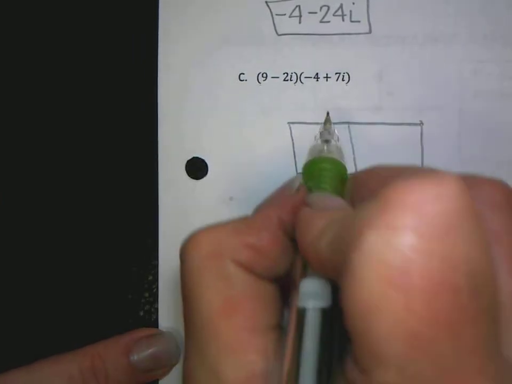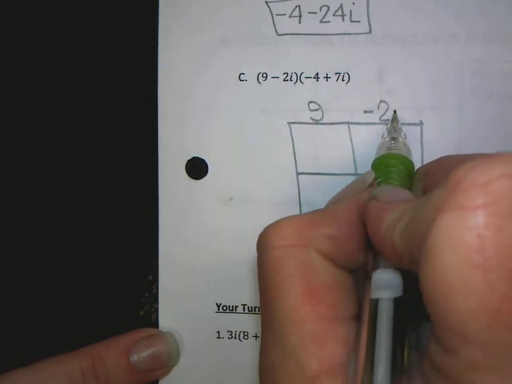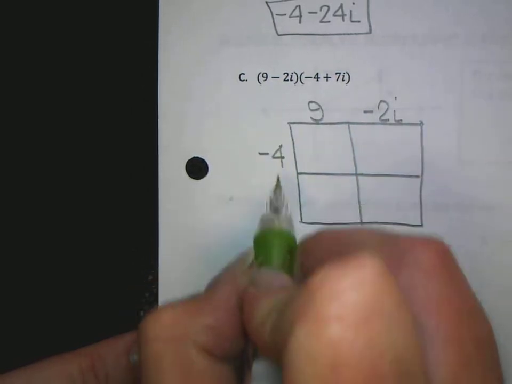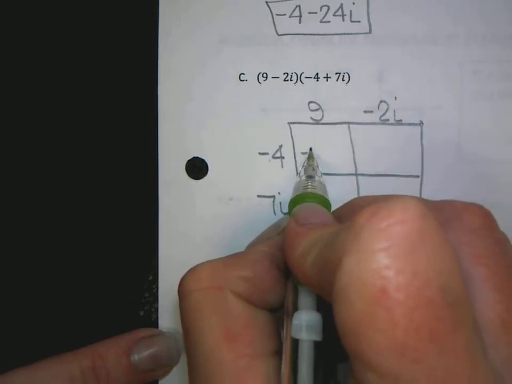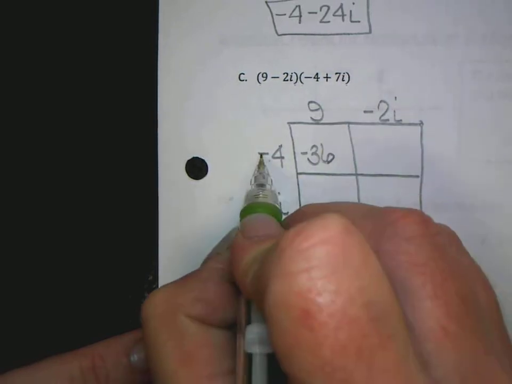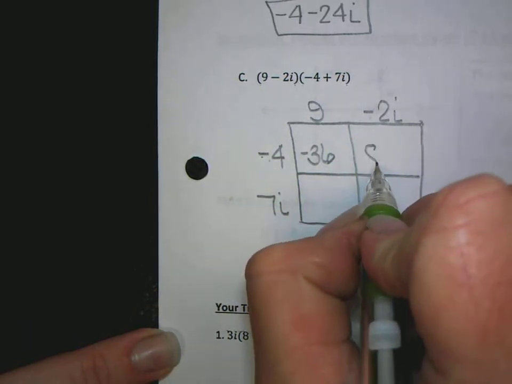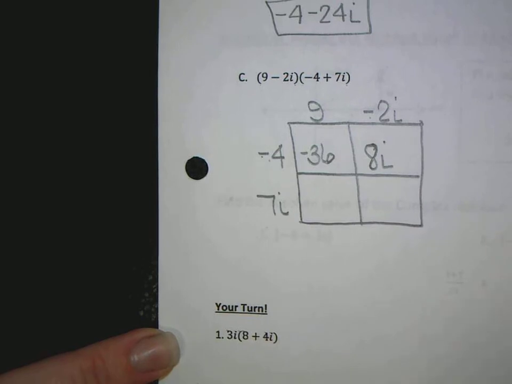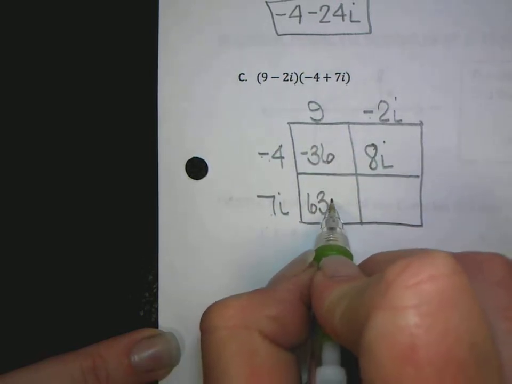Okay, make sure you have room to write. So you're going to put the first one, it doesn't matter if it goes across the top or down the side, doesn't matter what order, negative 4 and 7i. 9 times negative 4 is negative 36. Negative 4 times negative 2i is positive 8i. 9 times 7i is 63i.